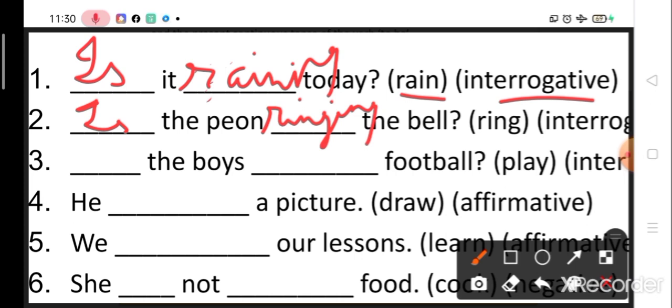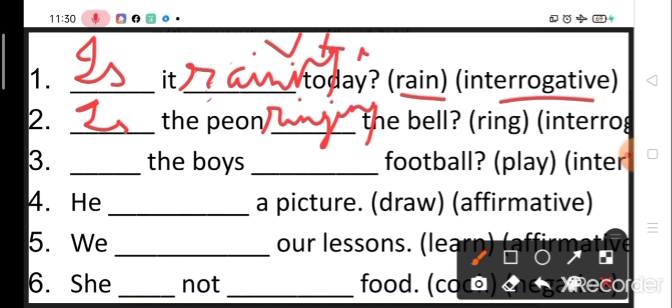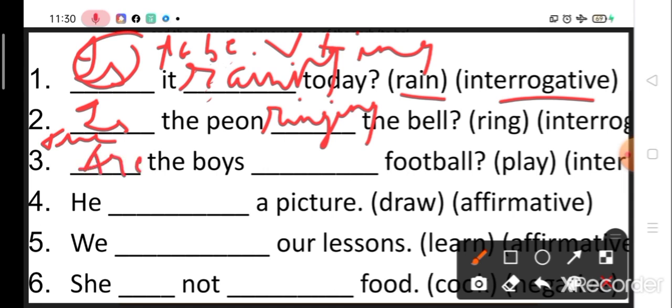Children, here this is the verb plus the ing form, and here we have used the form of to be, right? Again here also we are going to use the form of to be, which is are, the boys, correct form of play with ing is playing. Are the boys playing football?